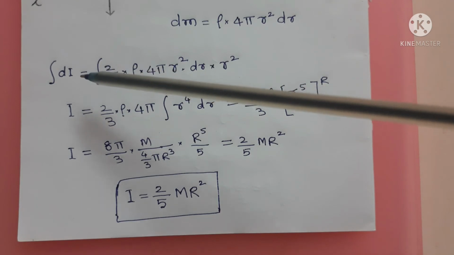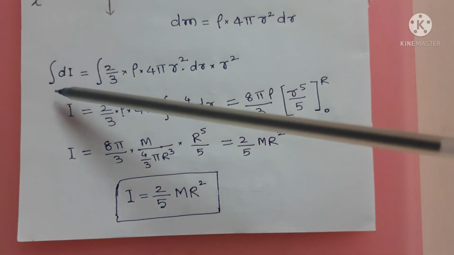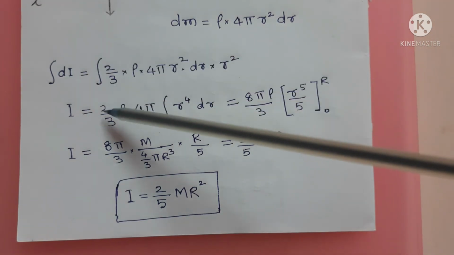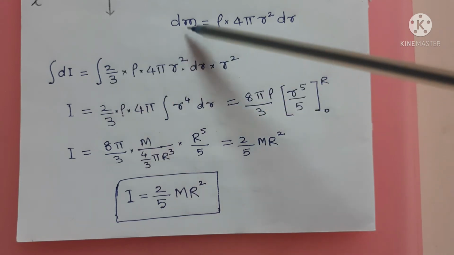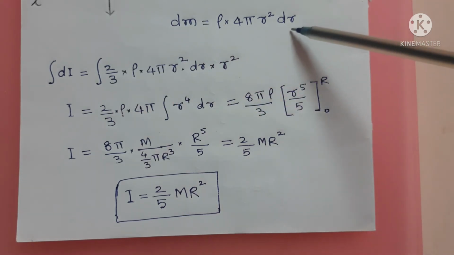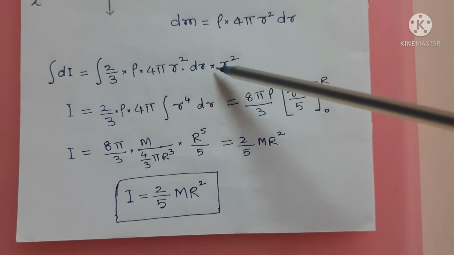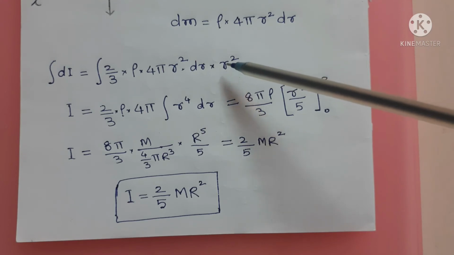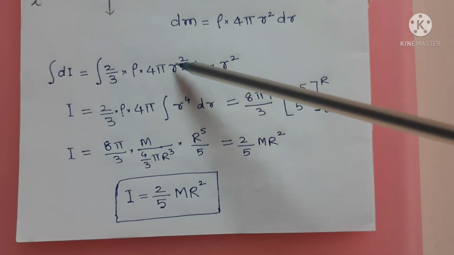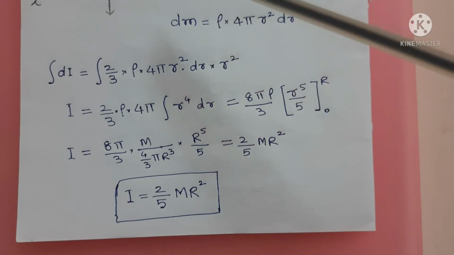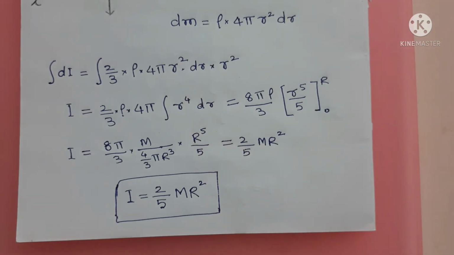See here, integration of dI equal to integration of 2 by 3 into dm. You substitute, that is rho into 4 pi r square dr, into r square. This gives r to the power of 4, and all constants you take out.